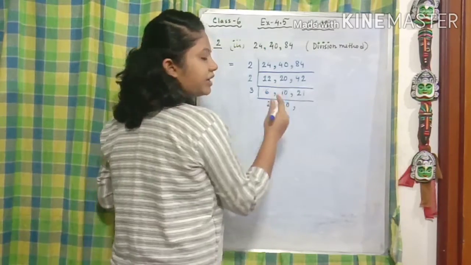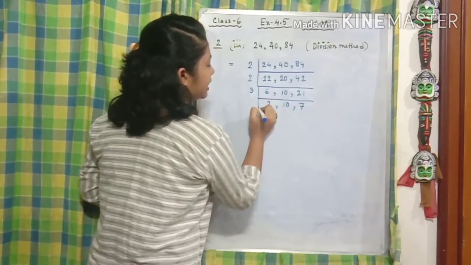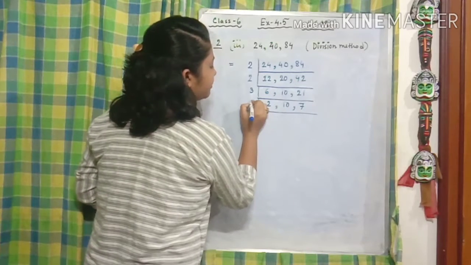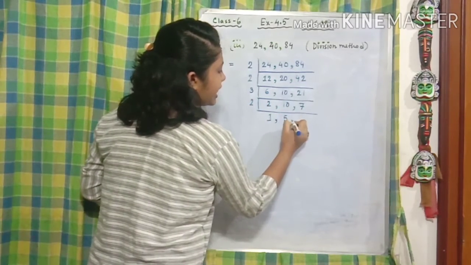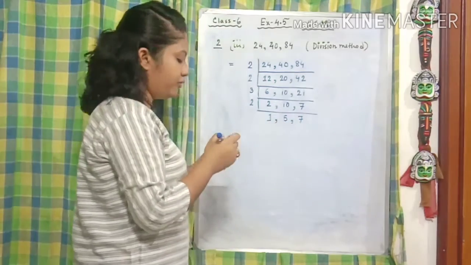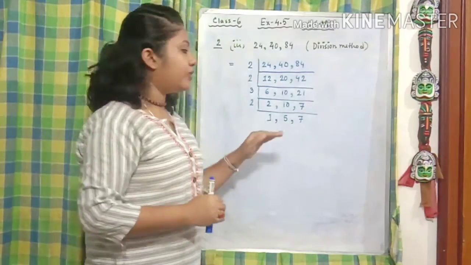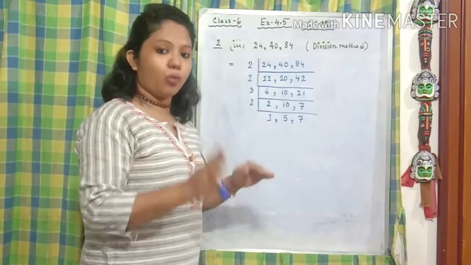But 21 is divided by 3. So 3 sevens are 21. Now the last set of numbers is going to be divided by 2 as well. So 2 ones are 2, 2 fives are 10 and 7. Now this is the last set of numbers, in its least form, which is not going to be divisible by anything other than 1.